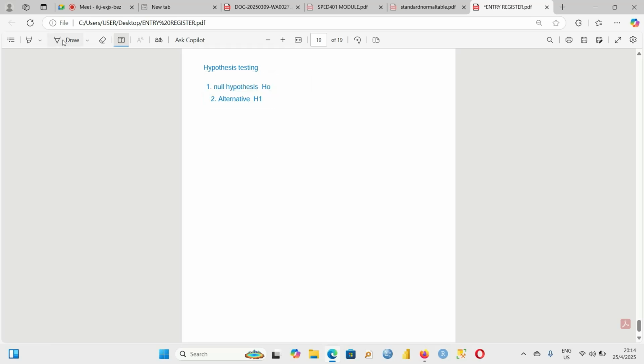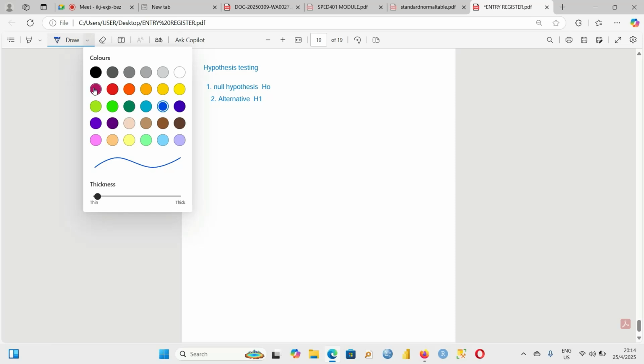When we are doing hypothesis testing, we will be looking at the mean. So I can say the mean salary is 300 US. That can be my H naught.